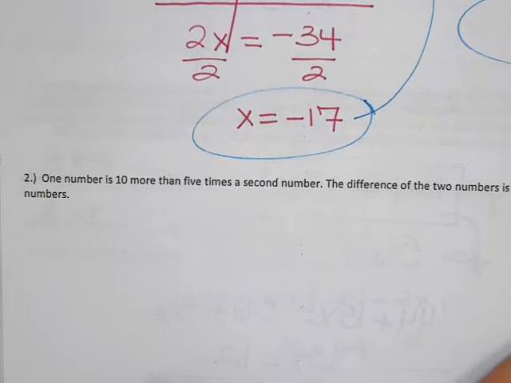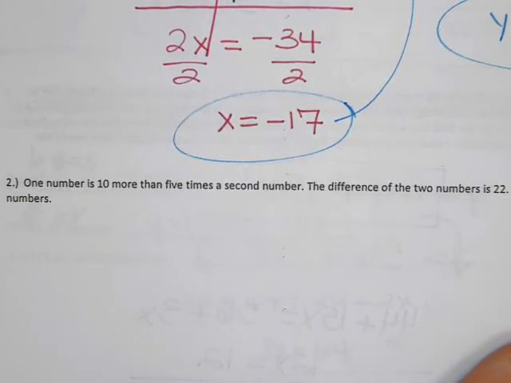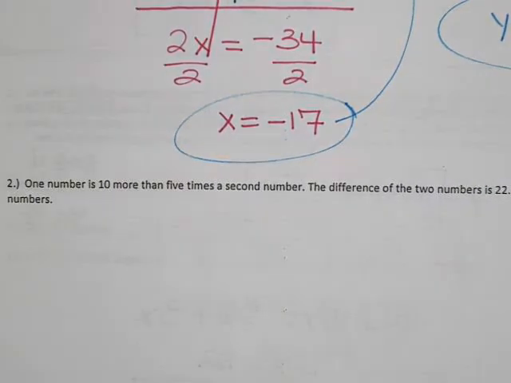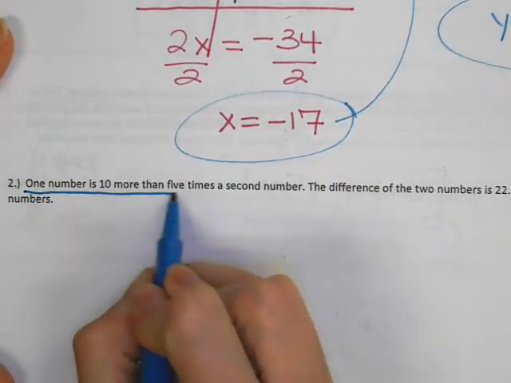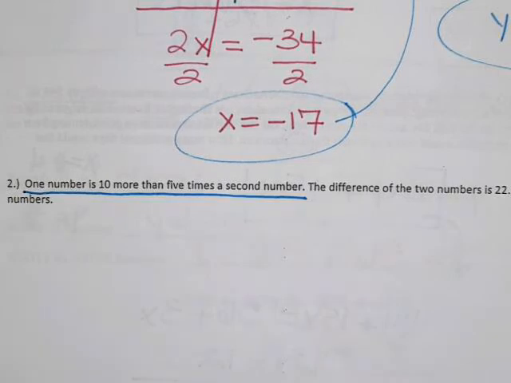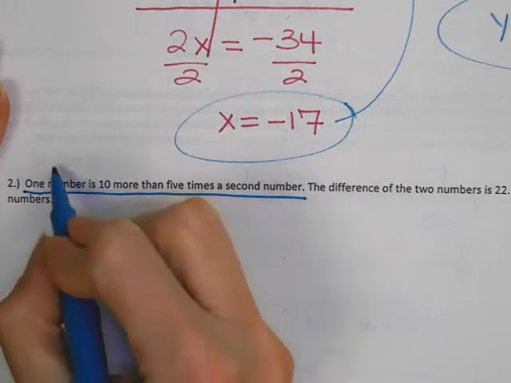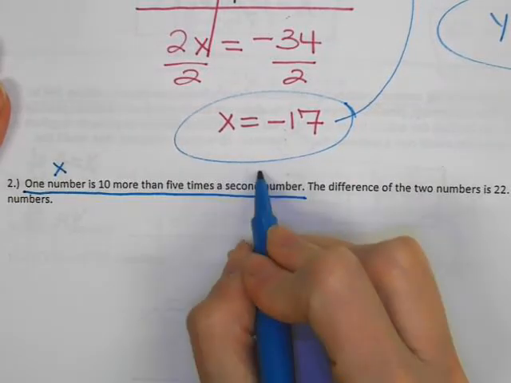Number 2. So let's set it up first and then we'll solve. One number is 10 more than 5 times a second number. All right, so we said call the first number x and the second number y.